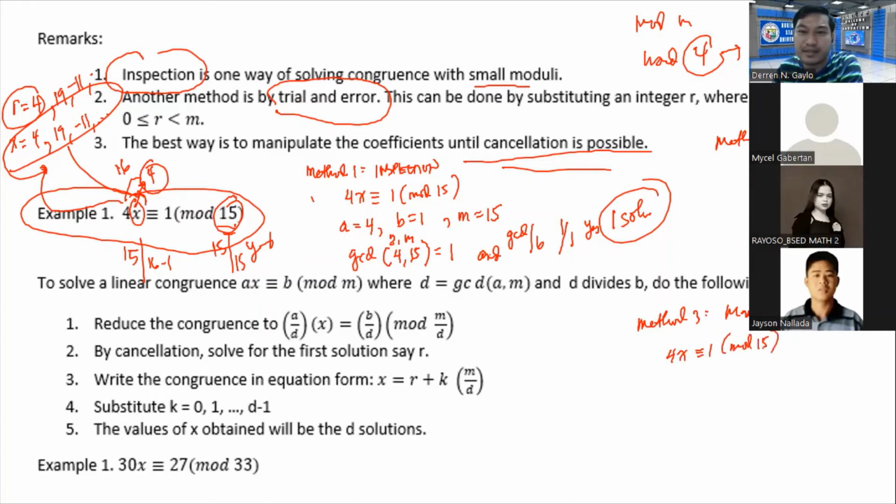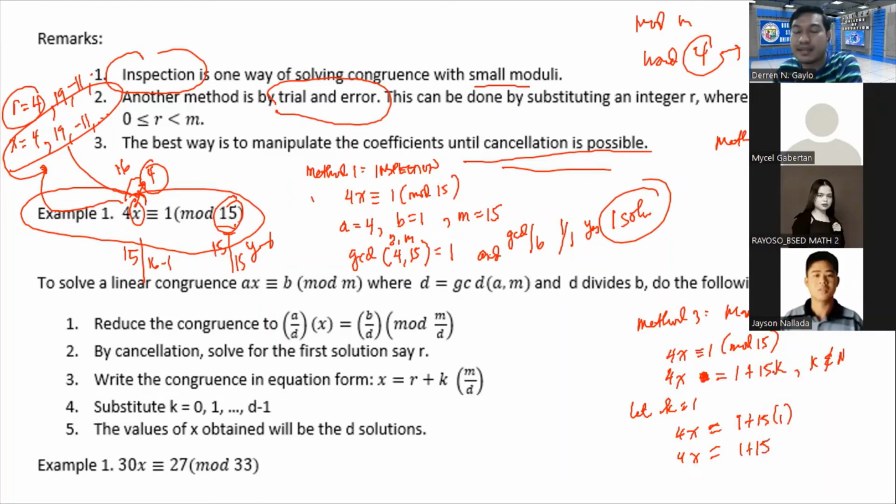In manipulating the coefficients, we do cancellation. So 4x is congruent to, if we convert it into an equation, it becomes 1 plus 15 times k, where k is any integer, an element of the counting numbers. So we can let k equal 1. So we have 4x equal to 1 plus 15 times 1, which is just 1 plus 15.